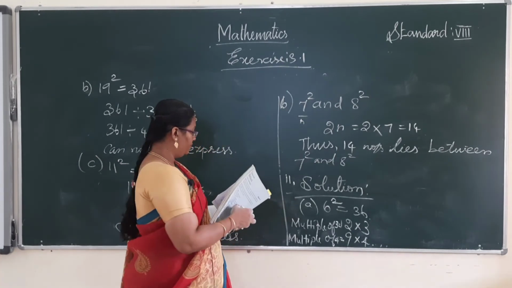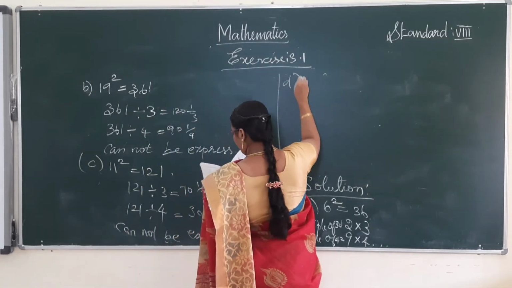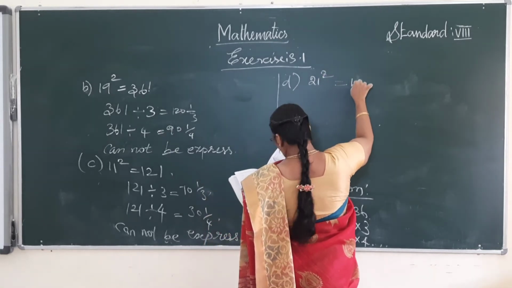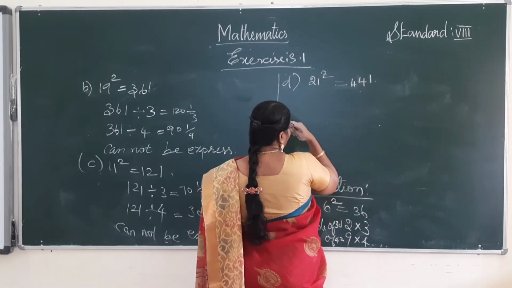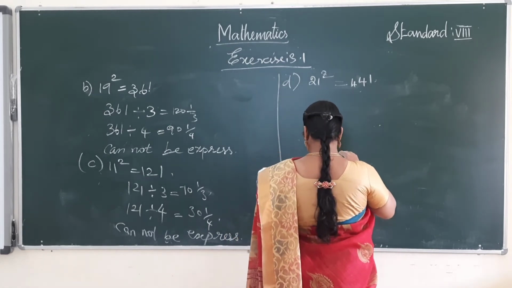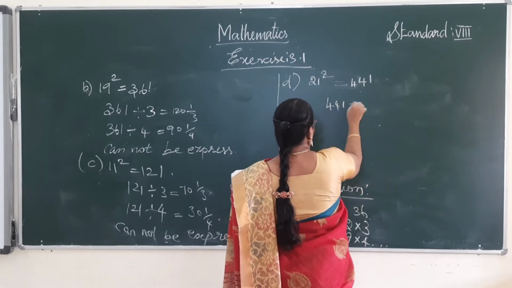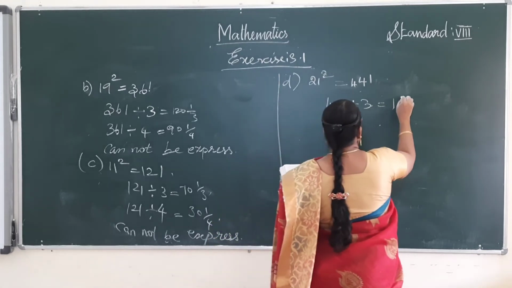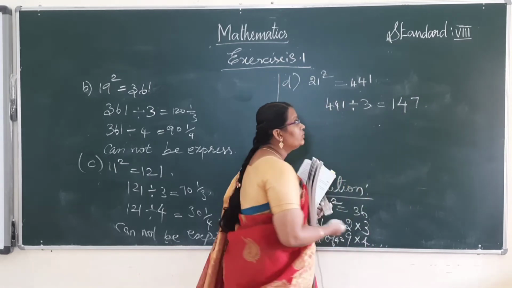And D, 21 square. 21 square can be written as 441. Is this divisible by 3? 441 divided by 3: 3 ones are 3, remaining 1. 3 fours are 12, remaining 2. 3 sevens are 21.